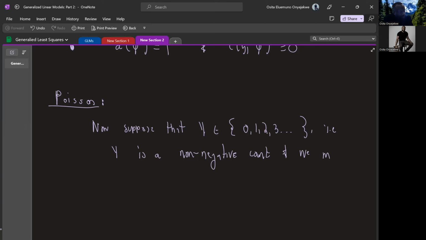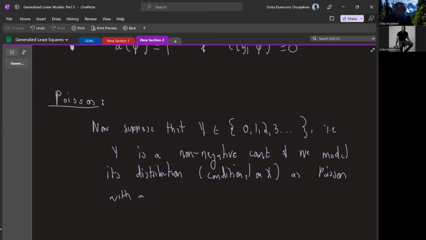And we model its distribution conditional on x as Poisson with the mean mu.